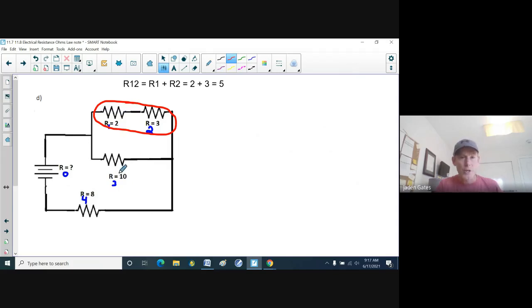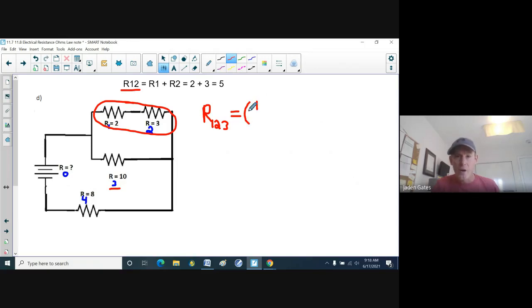Now what I'm going to do is combine this R12 with R3. Because we're combining all three of them, it's going to be called R123. Those circuits are in parallel, so I'm going to have to use my parallel formula.